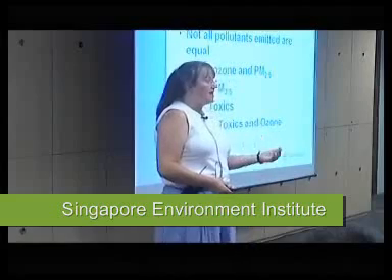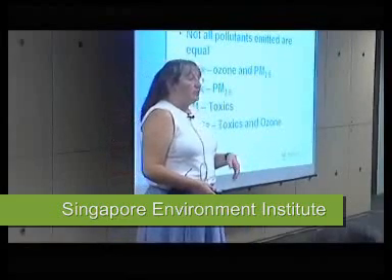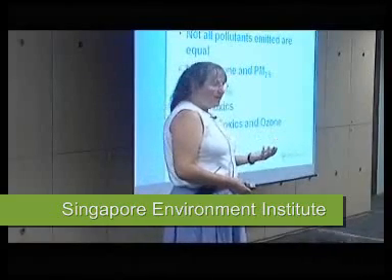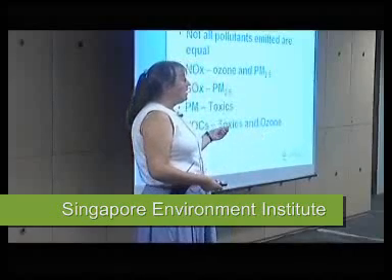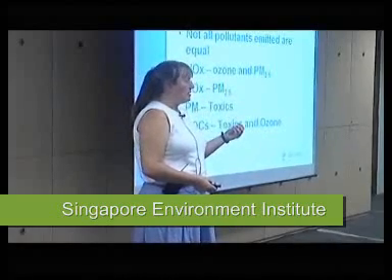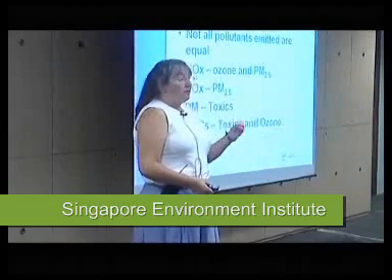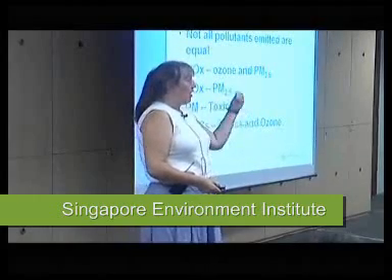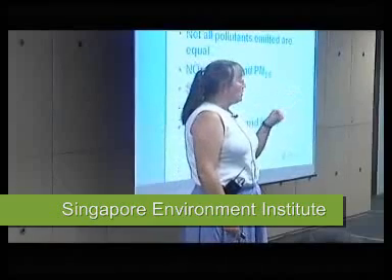You don't see carbon monoxide levels anywhere near any of the ambient air quality standards that have been established by the World Health Organization or for other countries. Not an issue. If that's the case, why would we go ahead and put on a control for carbon monoxide or give carbon monoxide equal billing, say, with sulfur dioxide, which could lead to PM 2.5? We have higher sulfur dioxide concentrations than we do carbon monoxide.